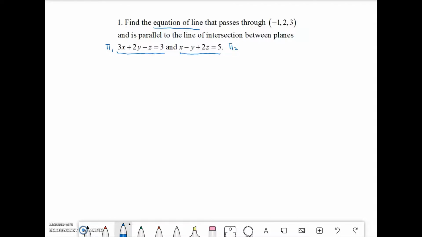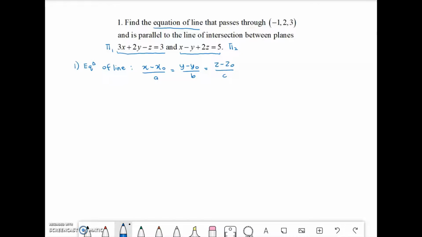Now what we have to do is, first I write the equation of the line, which is x minus x naught over a equals y minus y naught over b equals z minus z naught over c.